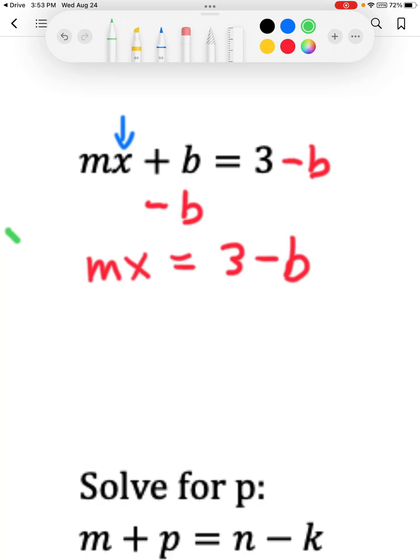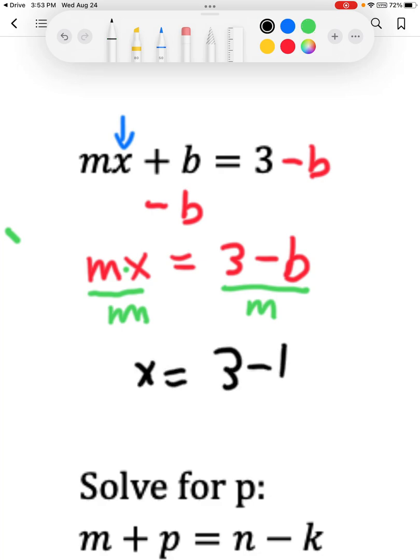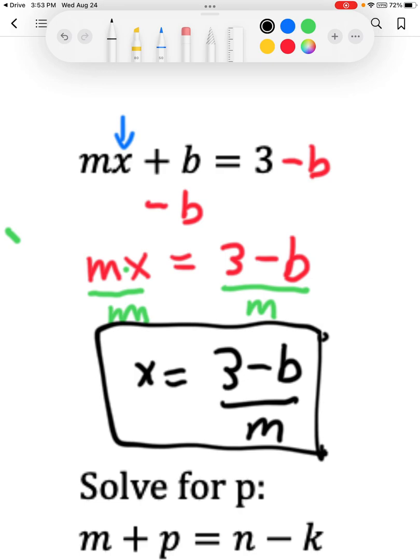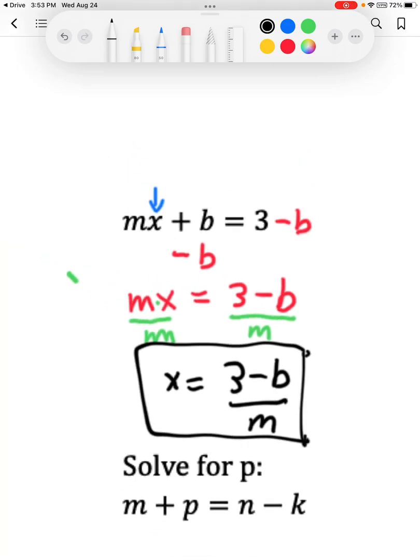Now, since there's no other operation stated, the relationship between the m and the x is multiplication. So to undo the multiplication, we divide by m, giving us our answer of x is equal to 3 minus b over m. Once again, I know that it looks kind of messy, but that's as far as we can reduce it. There's nothing else we can do.